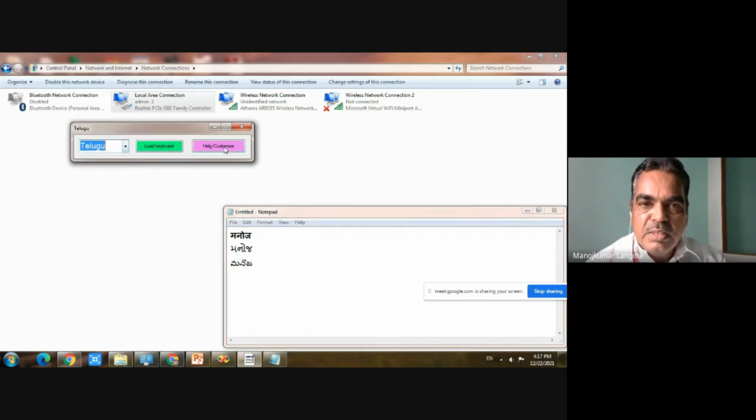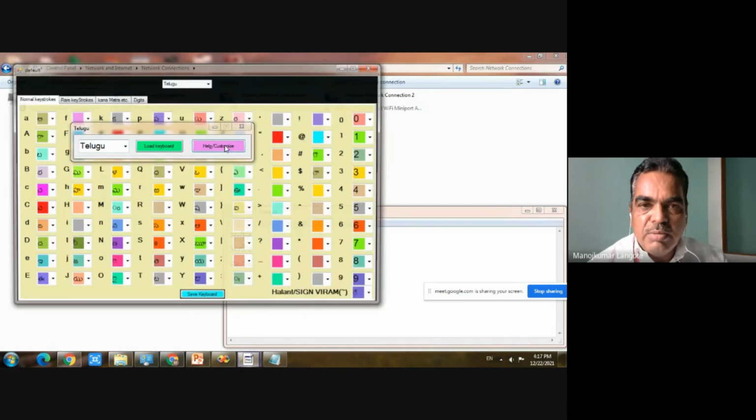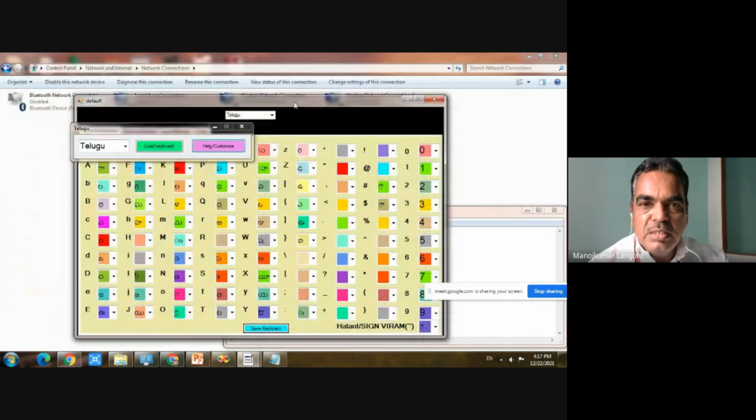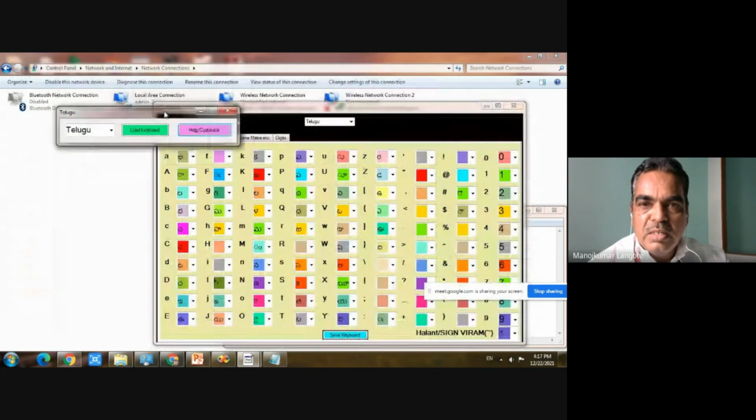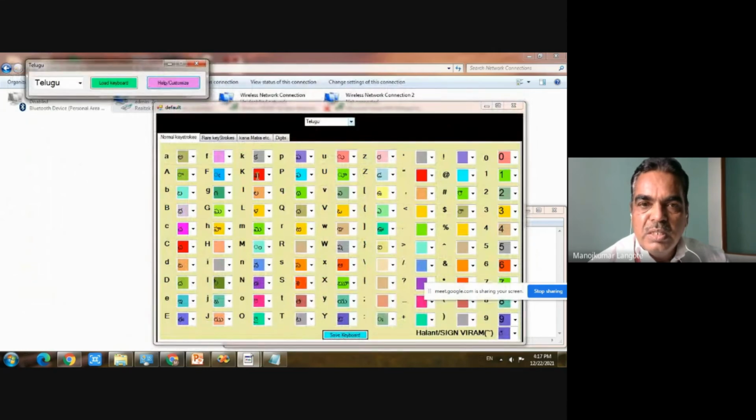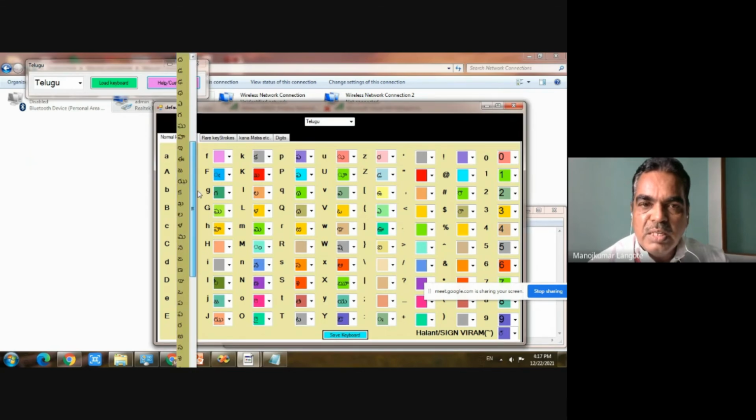Then I have provided one help in which we can customize the keyboard as per our need. Here I will show you. This is Telugu, and we can select A, that this is a, then on capital A it is a different letter. If you click on this, you can customize the letters and save your keyboard as per your requirement.